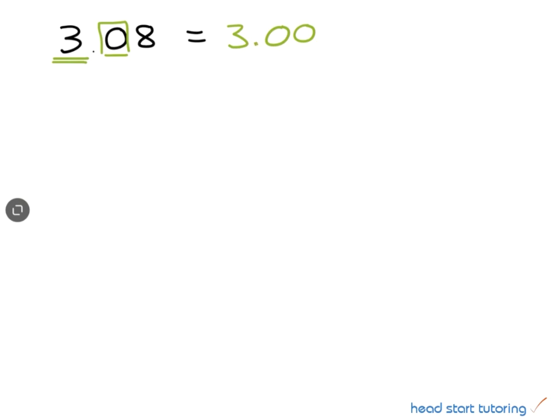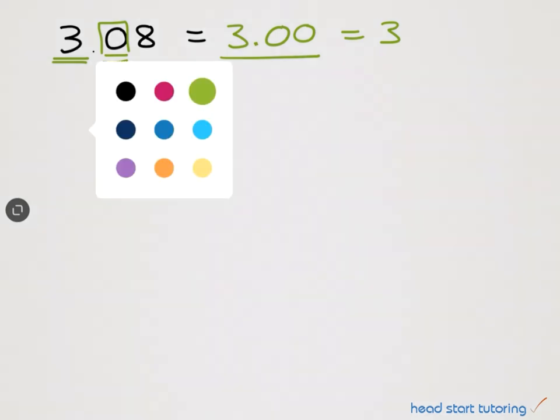That is because losing that 0 and the other place values is not much of a loss. 3.08 is closer to 3 or 3.00 than it is to 4. So rounding 3.08 off to the nearest unit is equal to 3.